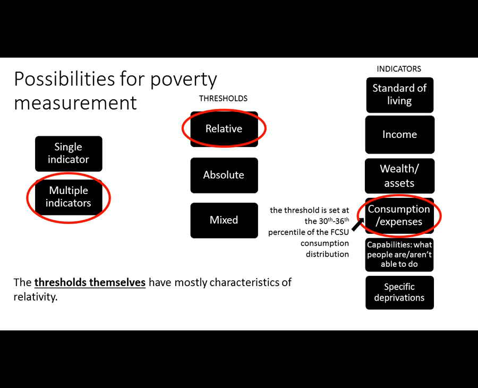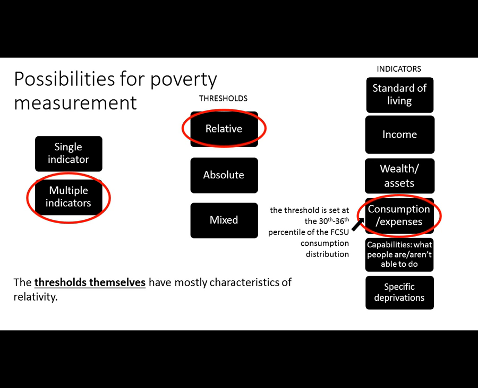Why is this? Imagine that the entire consumption distribution goes way, way up. Things are good in society, people have jobs, good jobs, things are modernizing, things become more affordable. The entire consumption distribution moves upward.